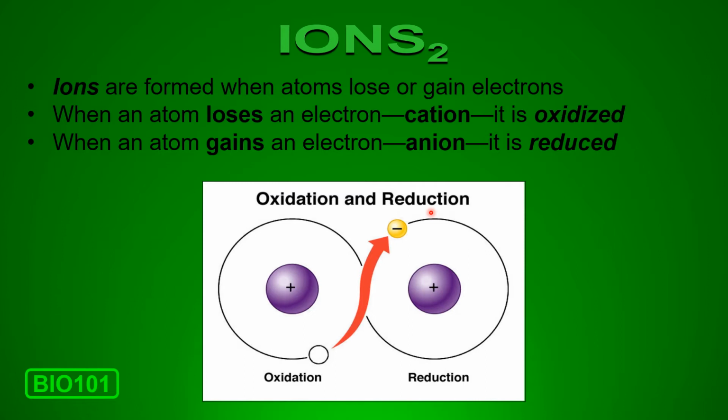So when atoms in natural and biological systems interact with one another, one atom can, we say, donate its electron, and another atom will accept that electron. And so one atom becomes oxidized while its adjacent atom becomes reduced. And that happens in biological systems. Oxidations and reductions always occur together.